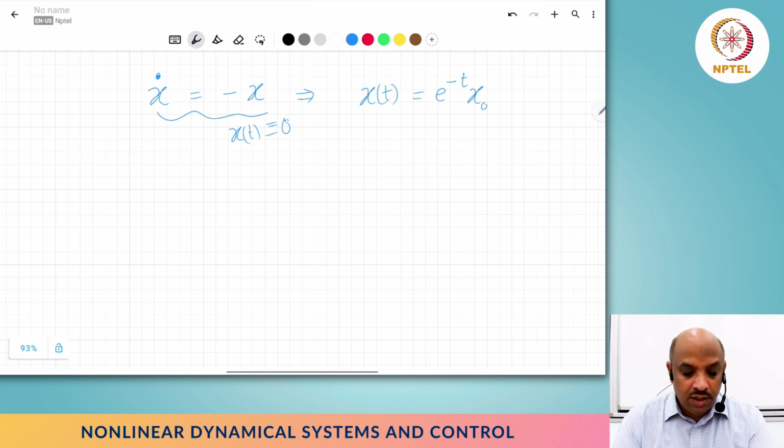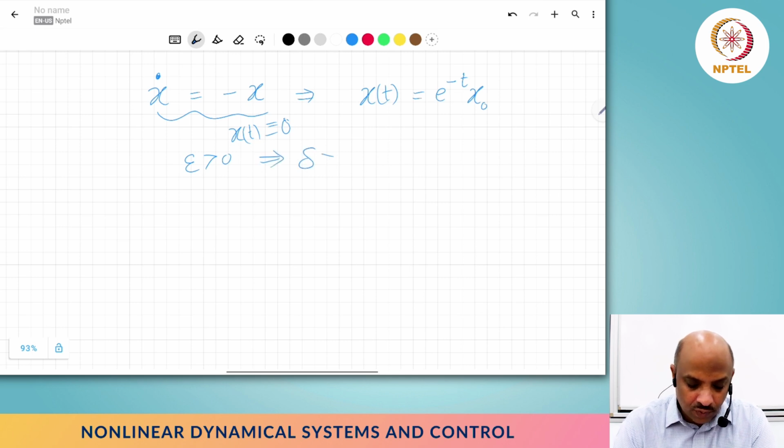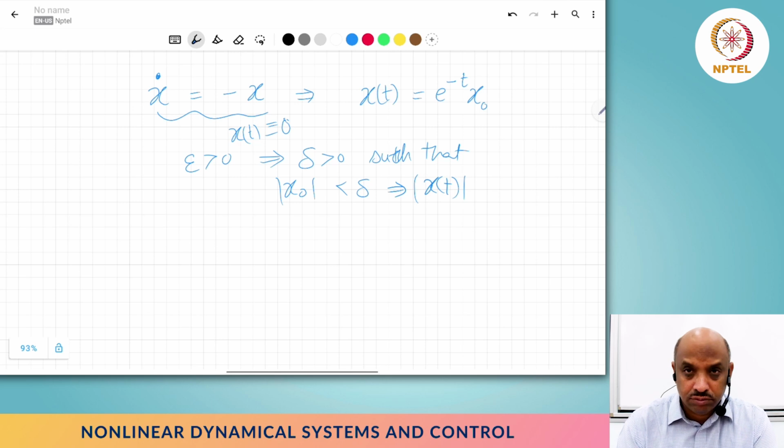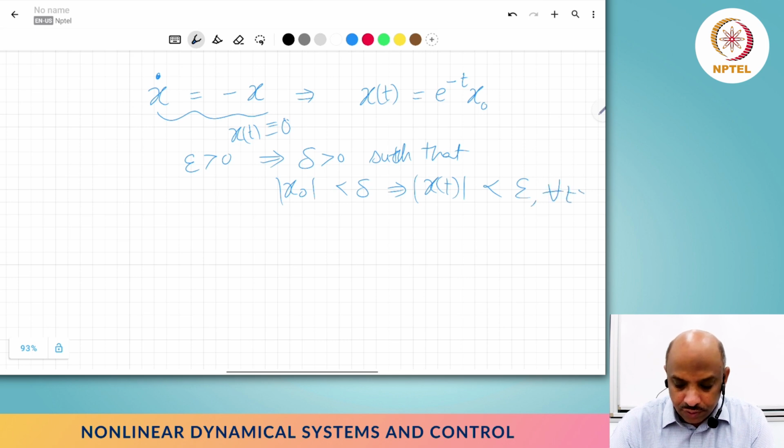If I want to see Lyapunov stability, then what is the definition? For a given epsilon, does there exist a delta such that if the absolute value of x0 is less than delta, then the absolute value of x of t is less than epsilon for all t greater than or equal to 0?